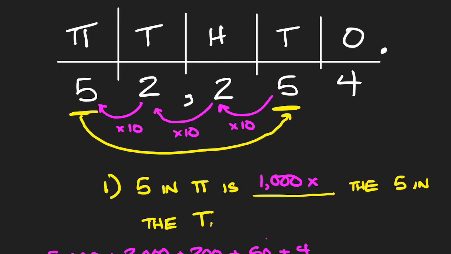If I multiply 50 times this, it would equal 50,000. Because the 5 in the 10,000s place is 1,000 times the size, or times the value, of the 5 in the tens place. Now I could flip that as well, and I'll show you that when we look at division, okay?